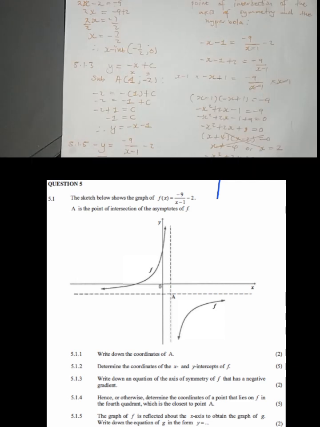Okay, so 5.1.4 says hence or otherwise determine the coordinates of a point that lies on f in the 4th quadrant, which is the closest to point A. So here the closest point is the point of intersection of the axis of symmetry and the hyperbola. That's the only closest point to A, and that point is in the 4th quadrant because the axis of symmetry passes through the hyperbola.